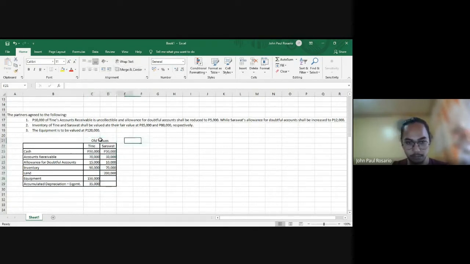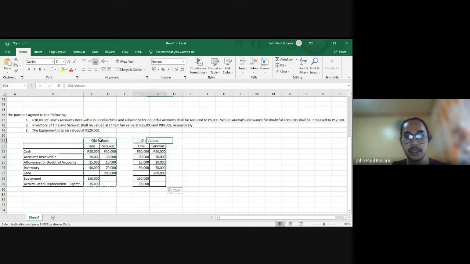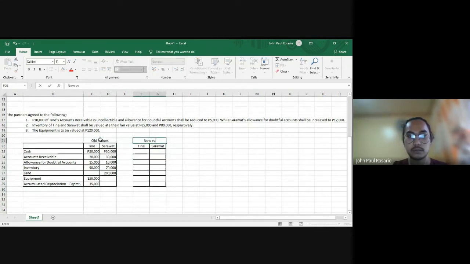And then, we copy this one. But instead of old values, we change this to new values. So the new values could either be based on the partnership agreement, or the fair value or market value, or the book value depending on kung kinsa ang naa. Okay?